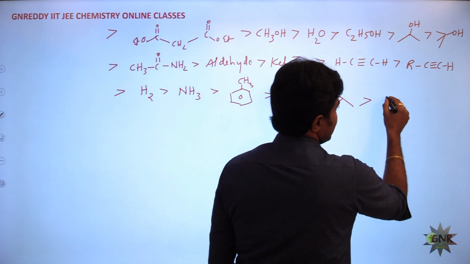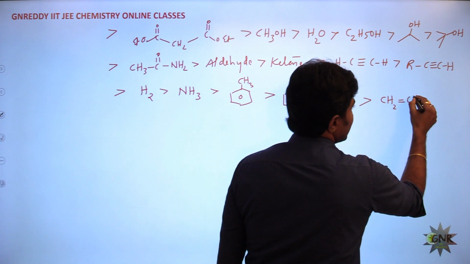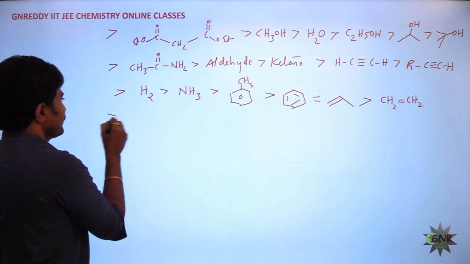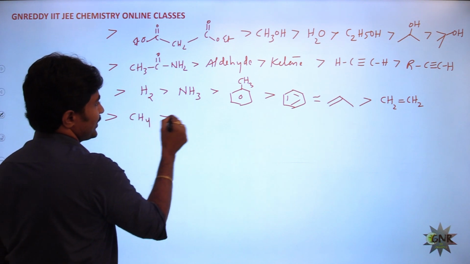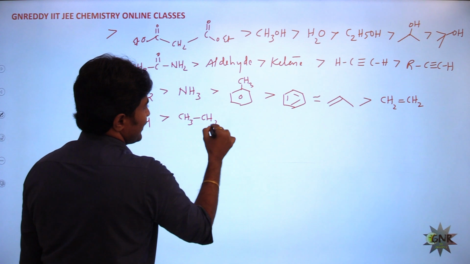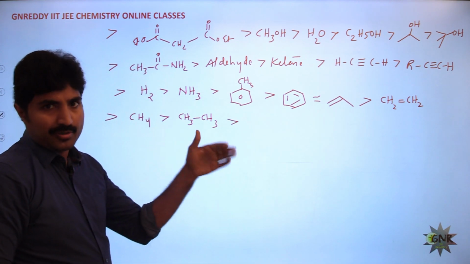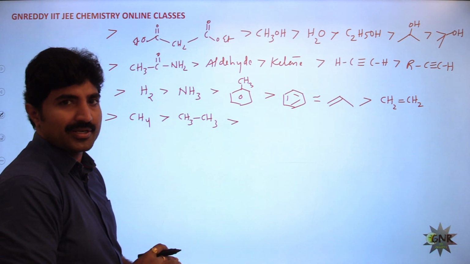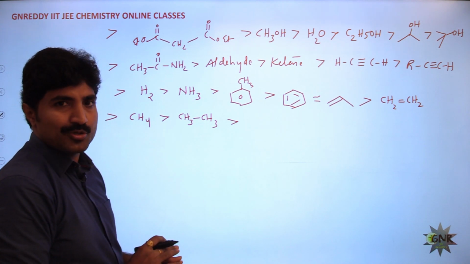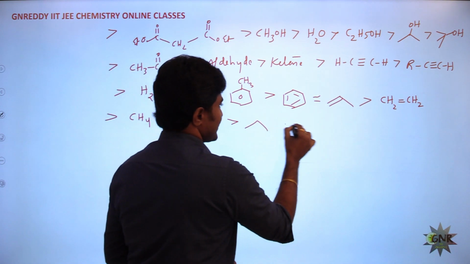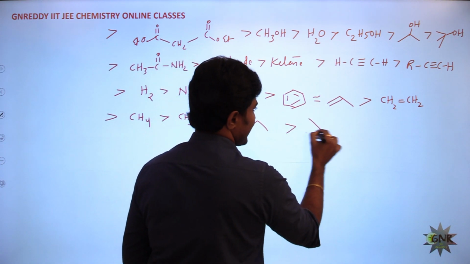Then alkenes, then CH4, then ethane, then remaining hydrocarbons, because you know carbanion stability: methyl carbanion is more stable than primary, then secondary, then tertiary.